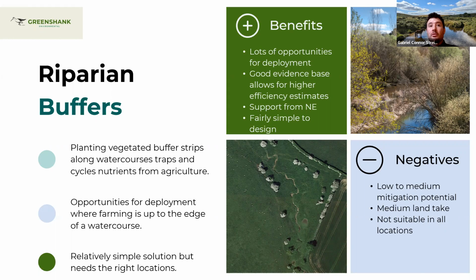There's been quite a lot of prior research into how riparian buffers function for nutrient removal. So there's this good evidence base that allows for slightly higher efficiency estimates. It's really worth mentioning at this point, with things like riparian buffers and the next couple of measures that we're going to discuss, that there is a need to specify in advance an efficiency with which they remove the nutrients that go into them.